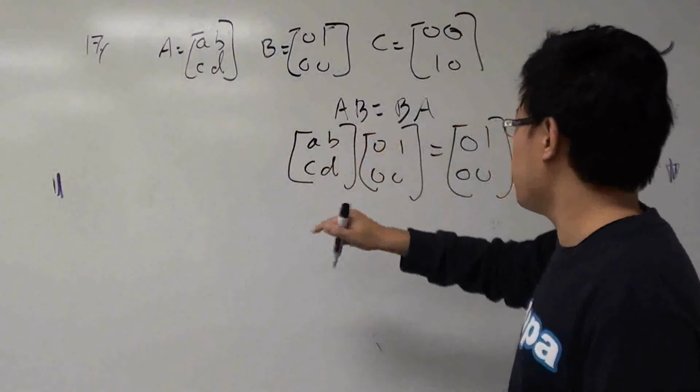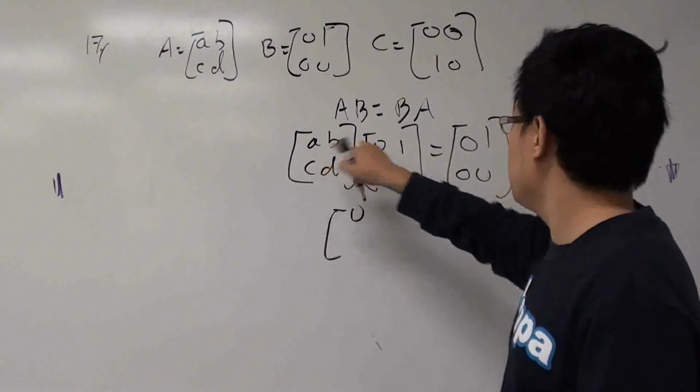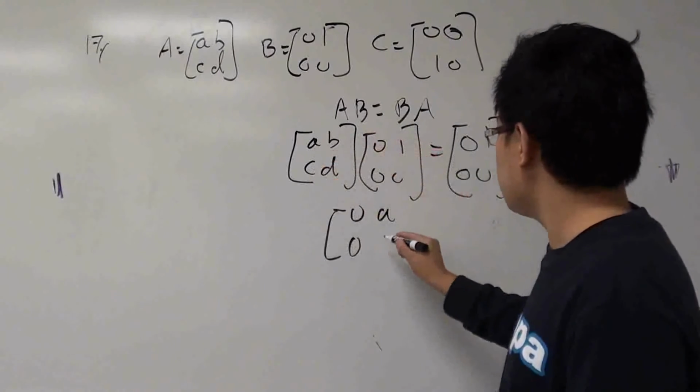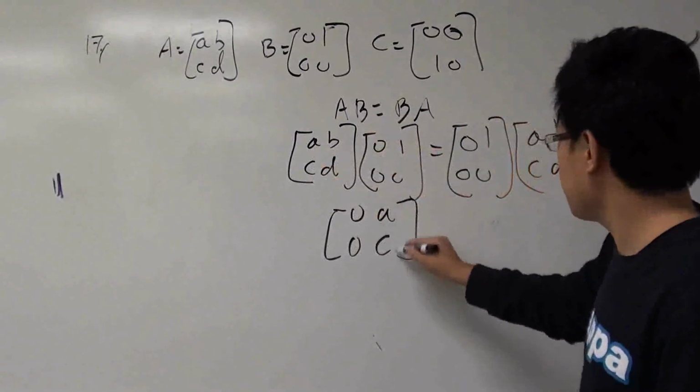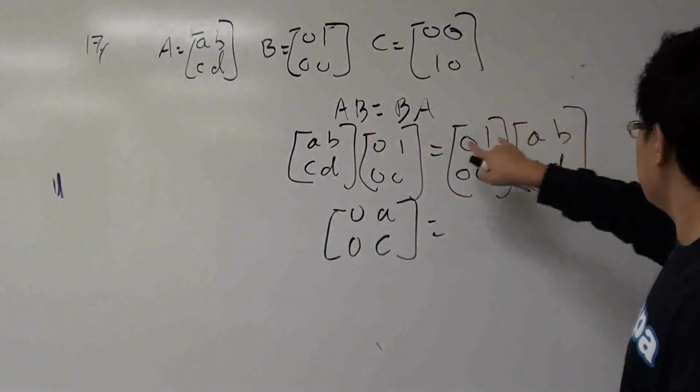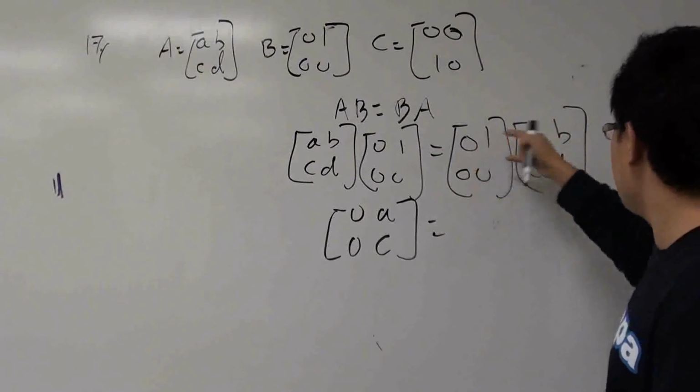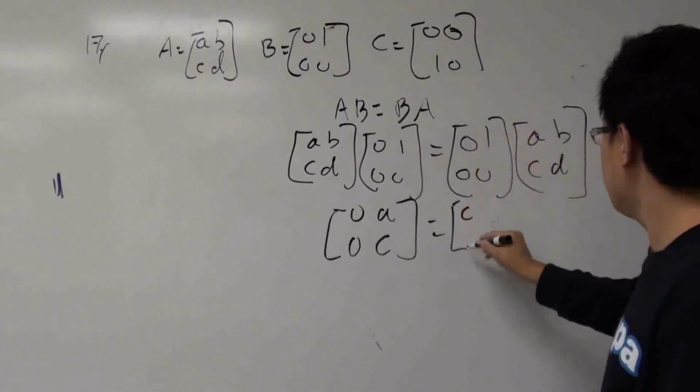They're both 0, so don't bother. 0, A stays. There goes 0. C stays. 0 times A, so that's going to be C.